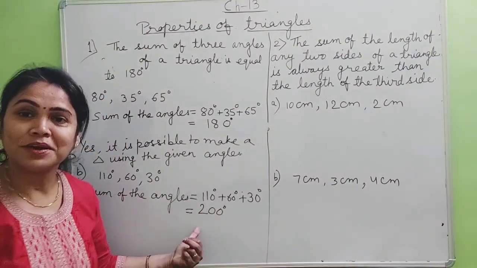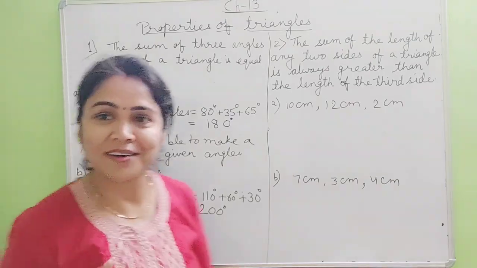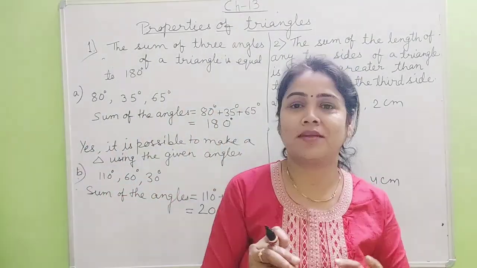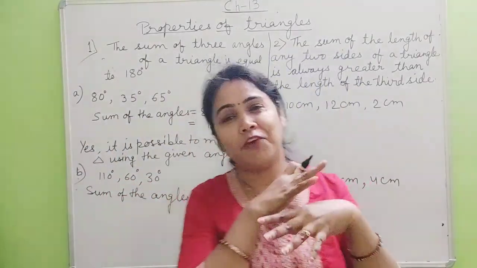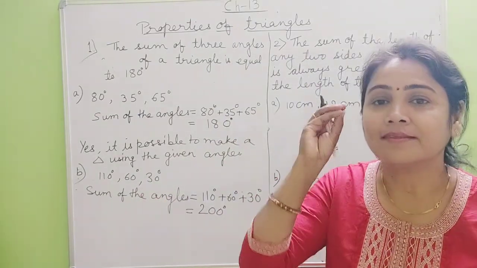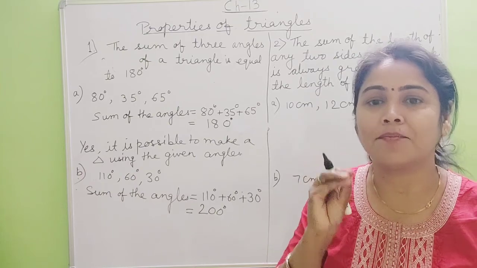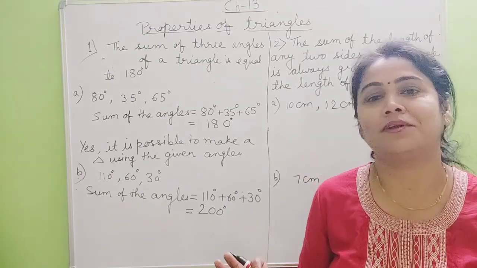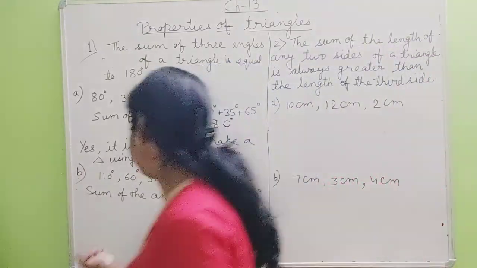Can you form a triangle using 200 degrees? No. Whenever you make any triangle, howsoever big or small it is, the sum of its angles will always be equal to 180 degrees.